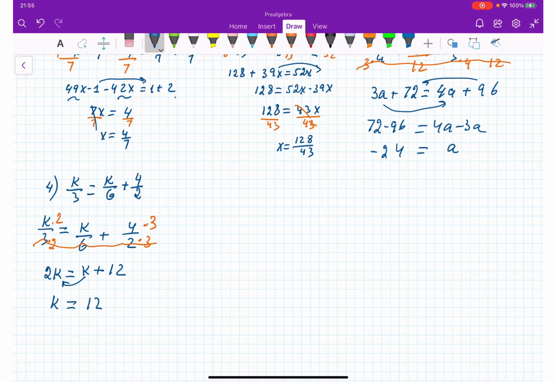Next, question number 5. We are getting 1 over 12m is equal 1 over 9 minus 13 over 14.